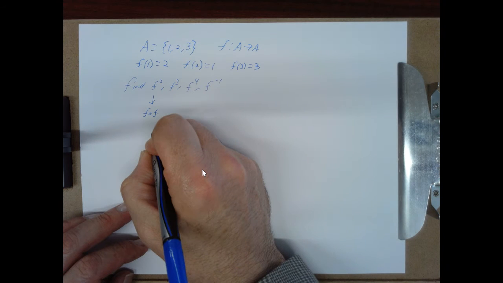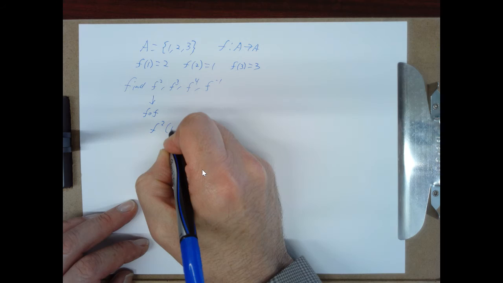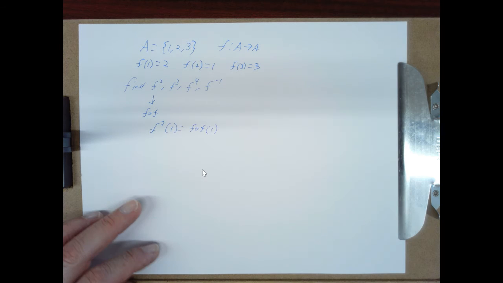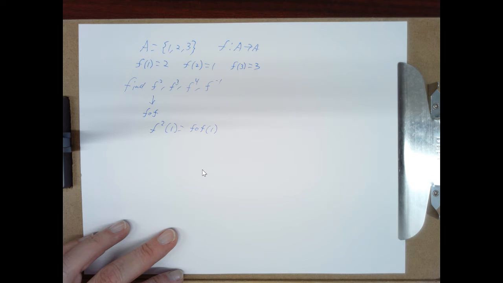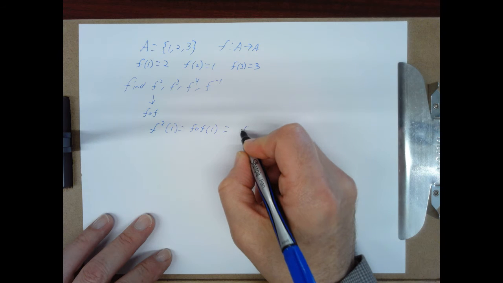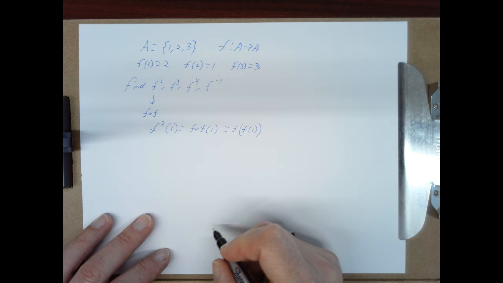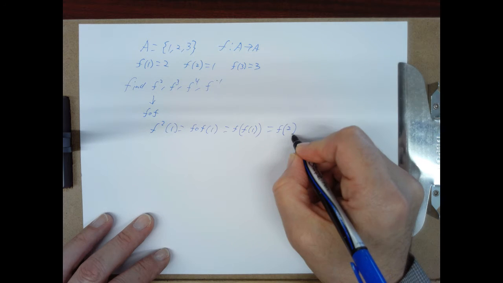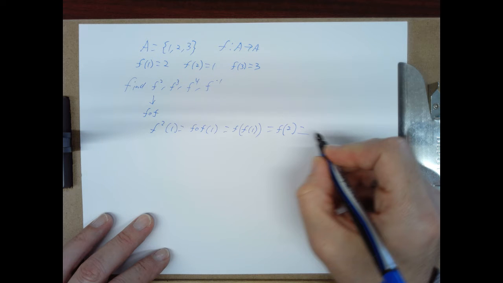So let's look at f squared of 1. That's f composed with f applied to 1, which we can think of as apply f to 1 and then apply f to that result. So that's f of, and we know f of 1 is 2, and we know f of 2 is equal to 1.